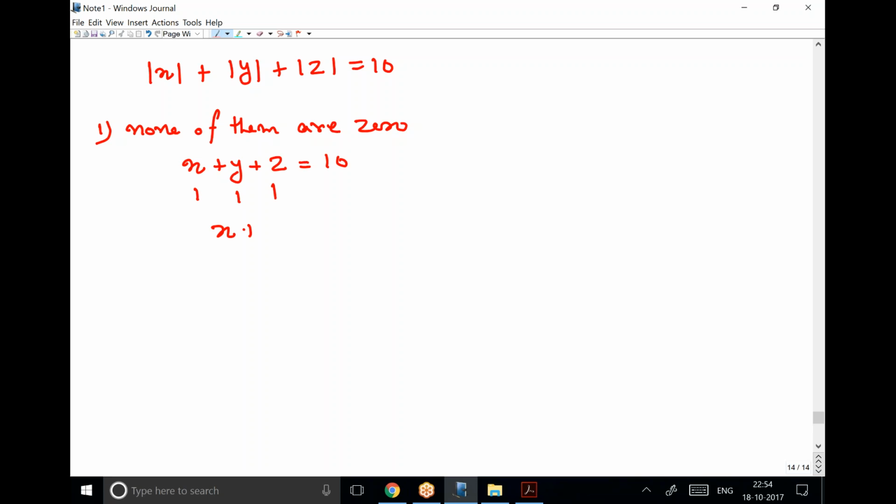So our equation becomes x plus y plus z is equal to 7, and finally it comes out to be 9c2. So 9c2 is the right answer of this question, right? So here 9c2, we got it.